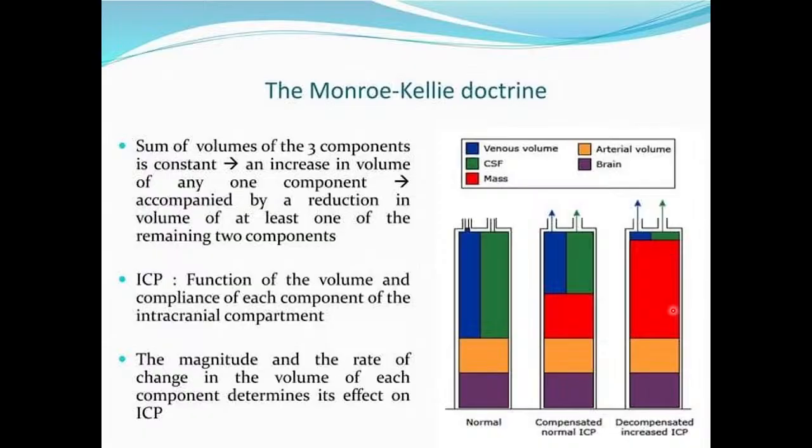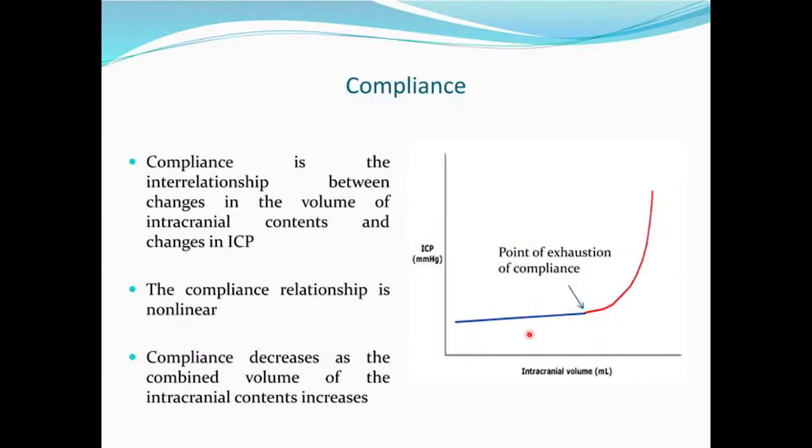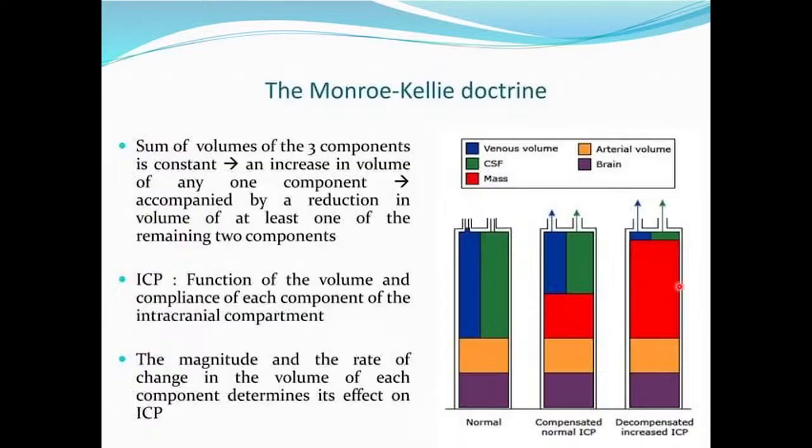And this is showing the decompensation of the increased ICP, as there is a non-linear relationship between the compliance and the volumes. So, with increase in the mass, there is sudden decrease in the volume of the CSF and the veins.